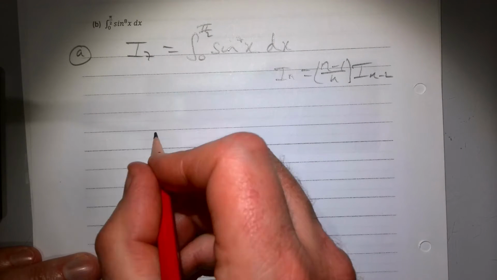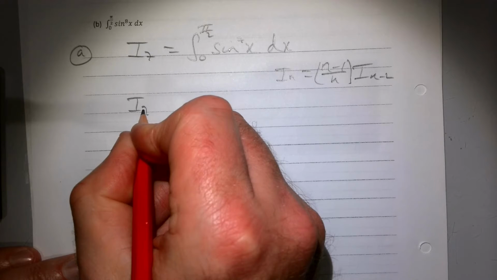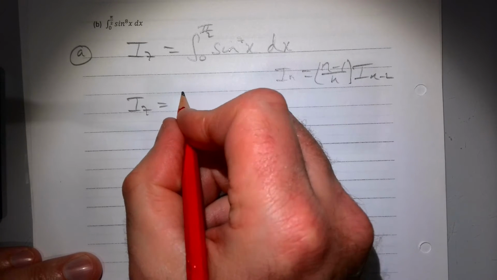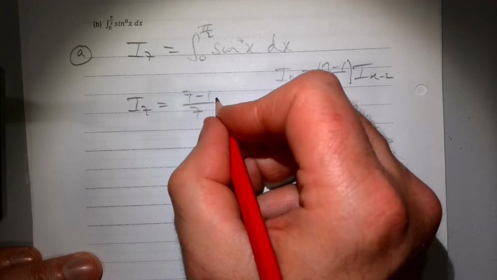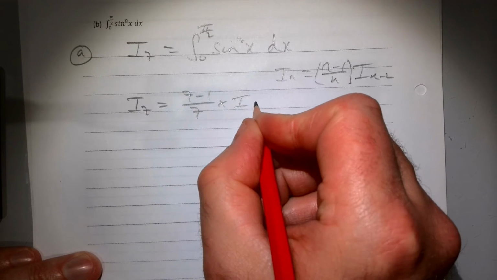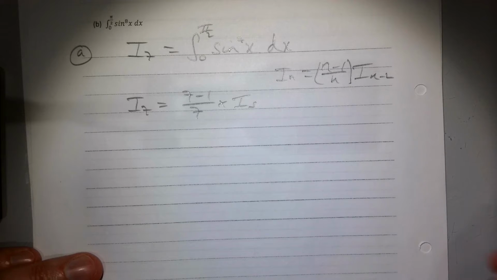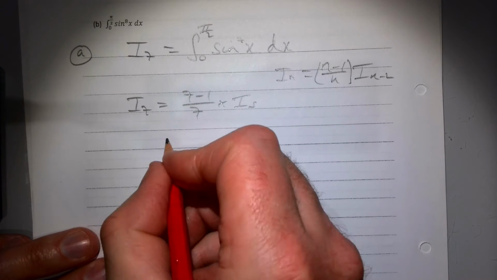So that means we know that I7 is equal to 7 take away 1 over 7 multiplied by I5.